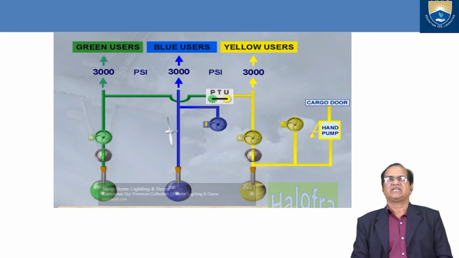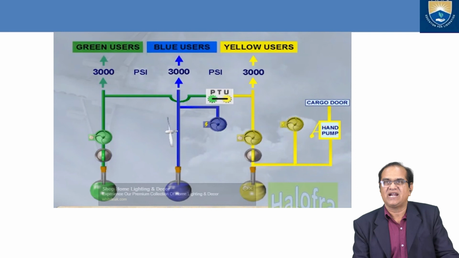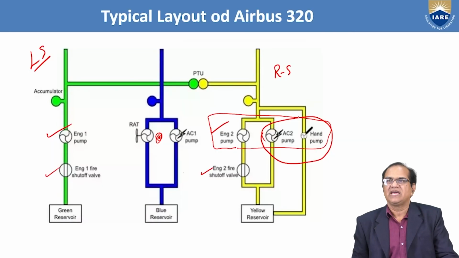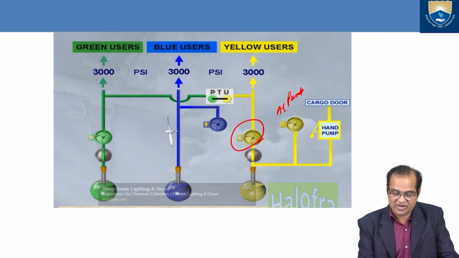If you see here, the green user, the blue user and the yellow user, you can see here. Here is a hand pump. Here, if you see this one, is the AC pump, and this is the normal pump. And here is a power transfer unit.